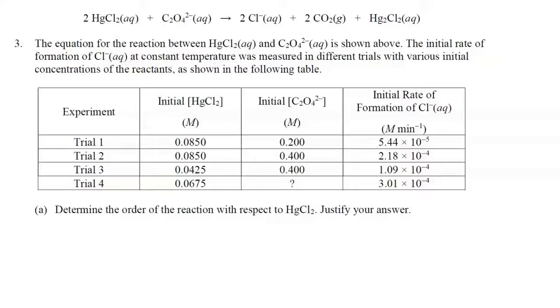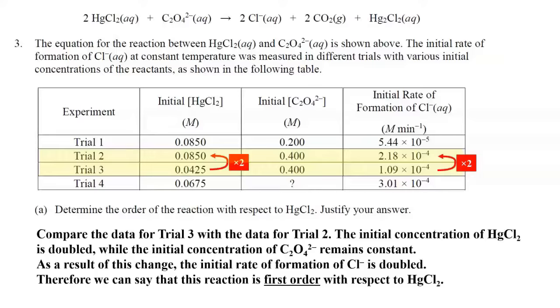So I'm going to compare trial 3 with trial 2 because in that situation they doubled the initial concentration of HgCl2 while keeping constant the concentration of the other reactant. Let's see what happened to the initial rate of formation of chloride. Well, it looks like because of that change, the rate was doubled, so therefore we can conclude that this particular reaction is first order with respect to HgCl2.